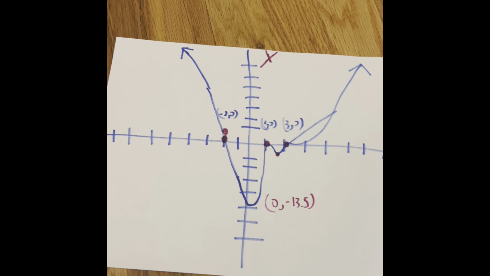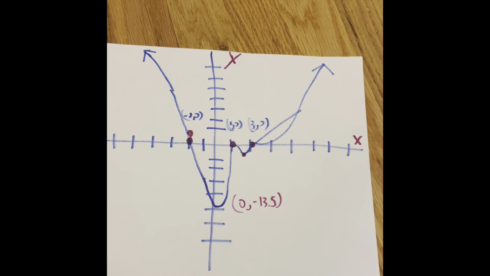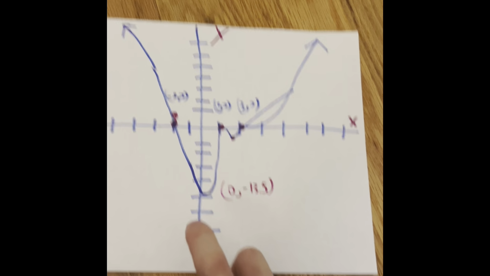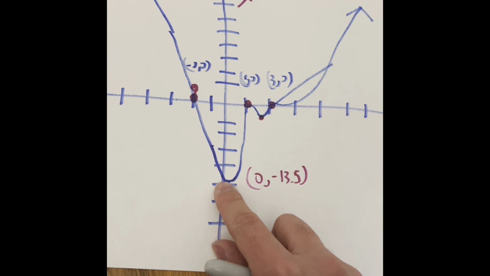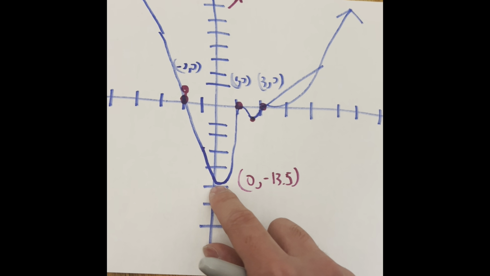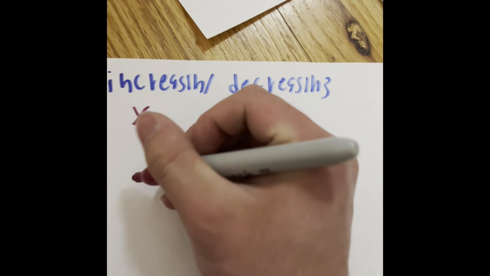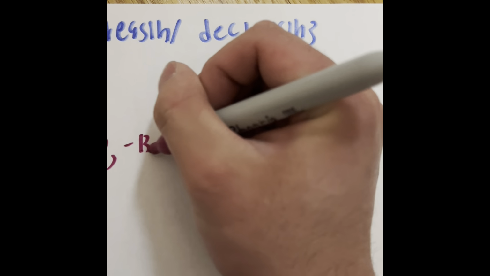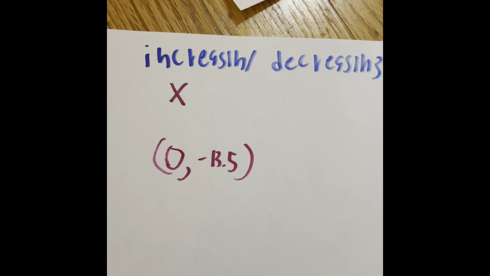Let's take a look at increasing. So where on the point is the graph increasing? Like the starting point. Yeah, it's increasing right here. And right there, we can say 0, negative 13.5. But that's not the only time it increases.